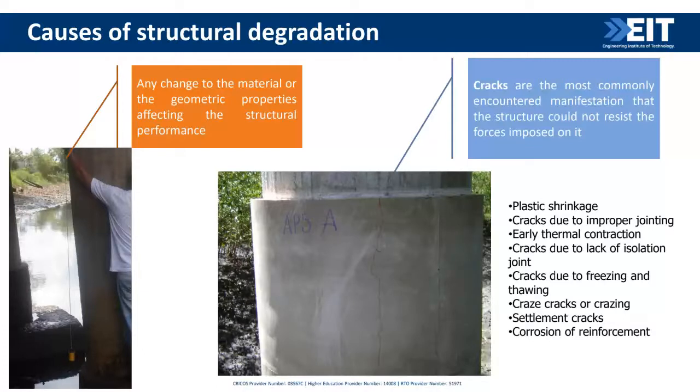So, in sequence to this point, I'd like to share some situations in real life. I'm not sure if you have faced these changes in the material or geometric properties affecting the performance. As you can see here, can we imagine the vertical alignment of this column? This is a bridge. Another type of degradation that normally calls our attention a lot is cracks. And when you talk about cracks, it's an entire world of information, right?